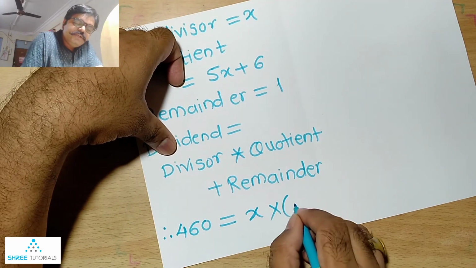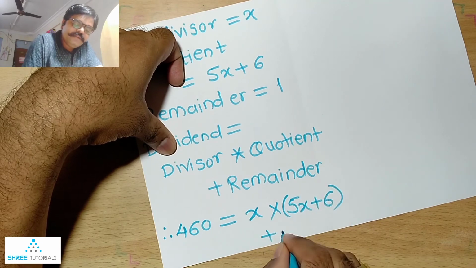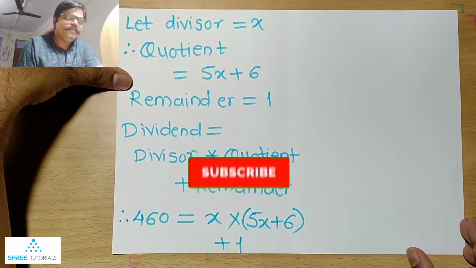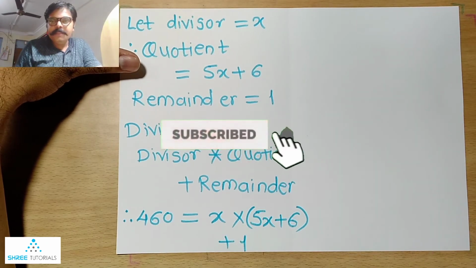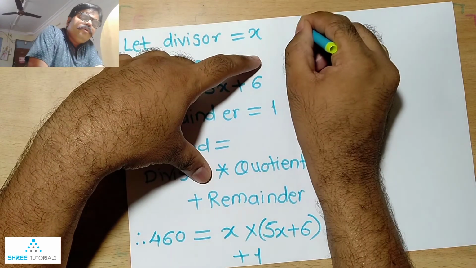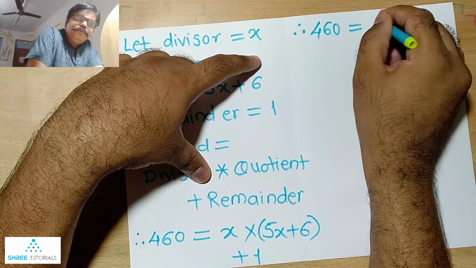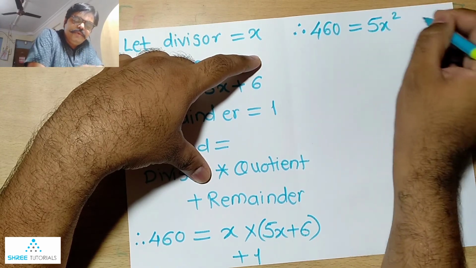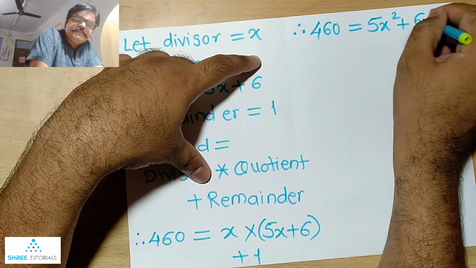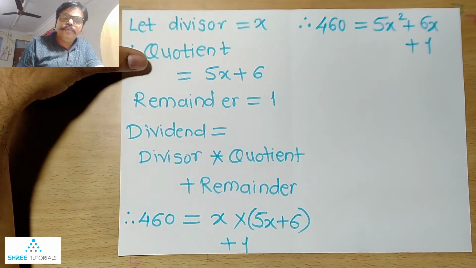What exactly the quotient they have given us? 5x plus 6, that is the quotient they have given us, plus remainder. So remainder was actually equal to plus 1. Now we are going to simplify them a bit. So therefore things will look like 460 is equal to 5x square plus 6x plus 1.